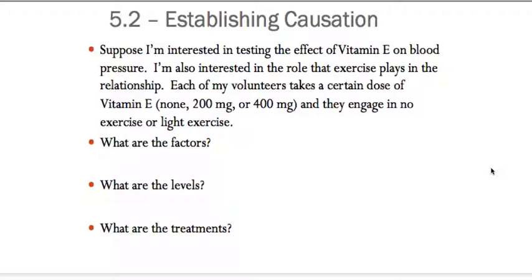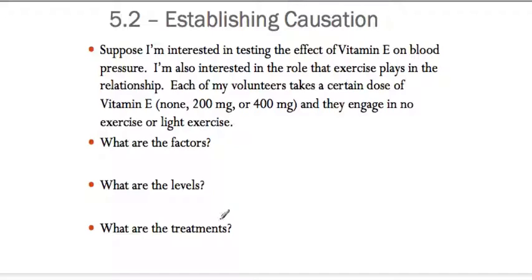I want you to pause the video right now, maybe go back and look at that vocabulary again, and see if you can identify the factors, the levels, and the treatments. Okay, I'm going to give you a hint that'll help you check your answers.